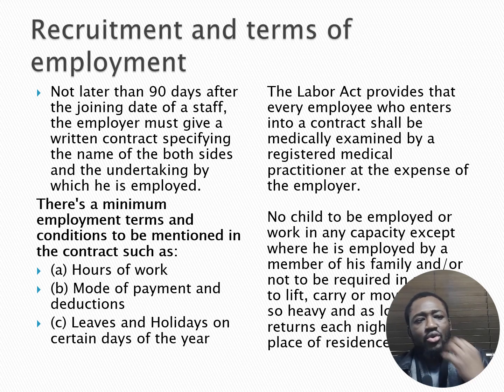Now, in terms of recruitment, it is required that within 90 days of joining a staff, the employer must give a written contract specifying the name of both sides and the undertaking by which he's employed. And so what that means is you should get a written contract within 90 days of starting.